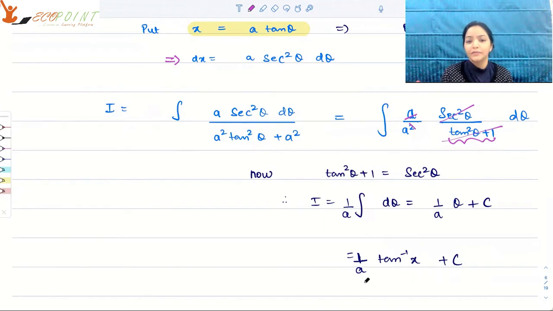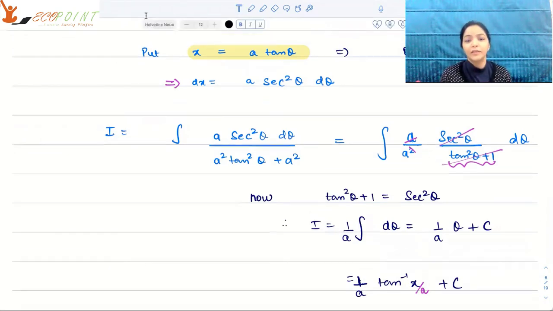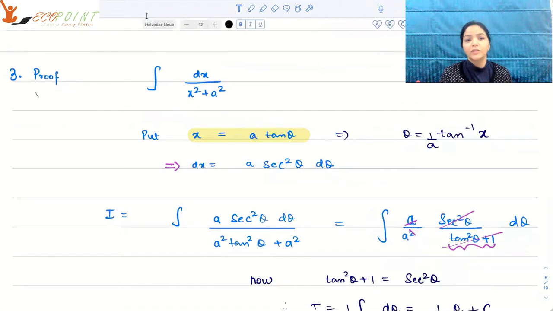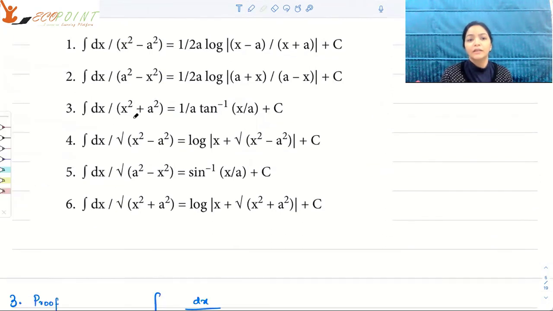I think I forgot to write that here, x by a. And hence this is what the integral is, and that's what I mentioned earlier. So the special case 1 upon x square plus a square is 1 upon a tan inverse x upon a plus c.